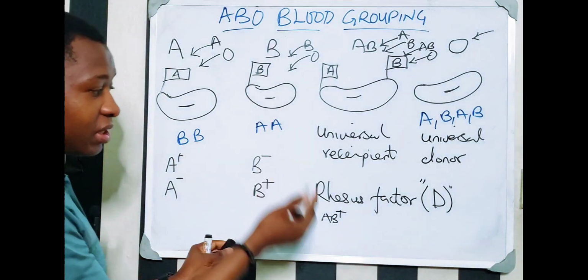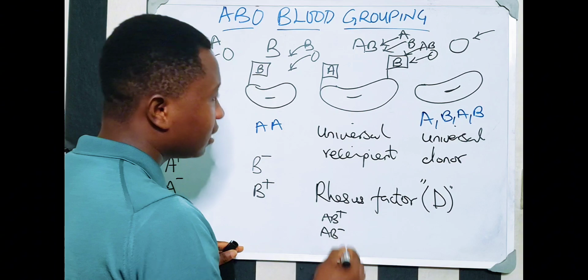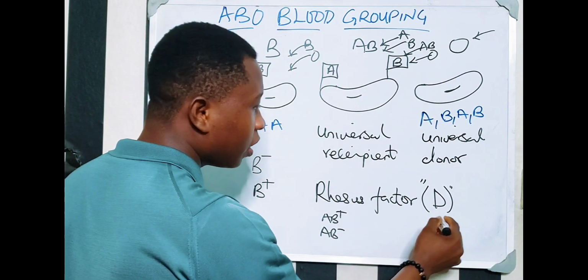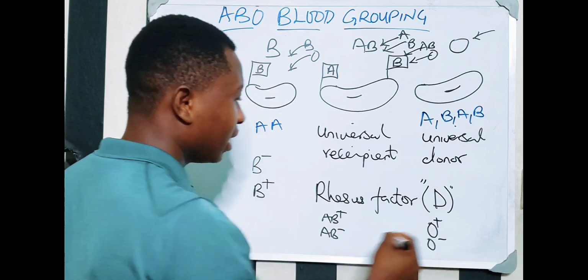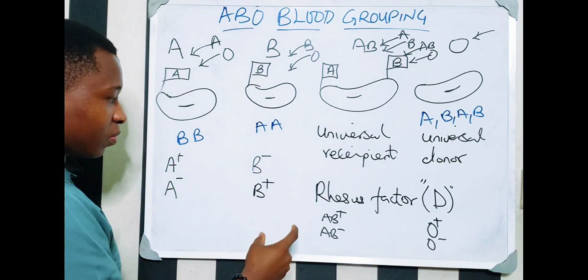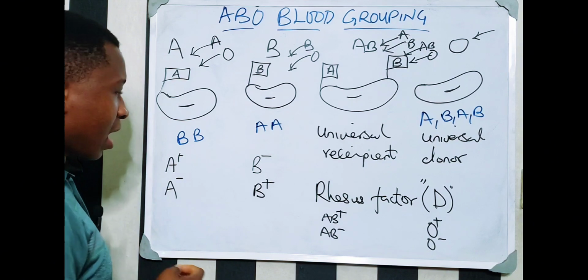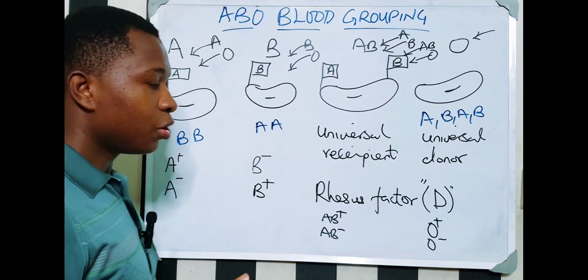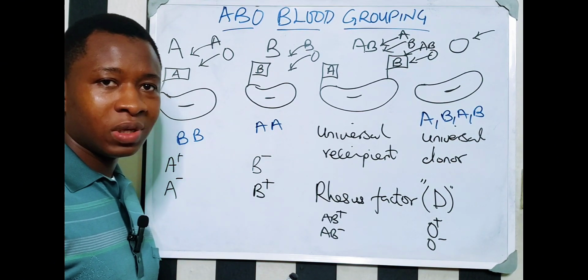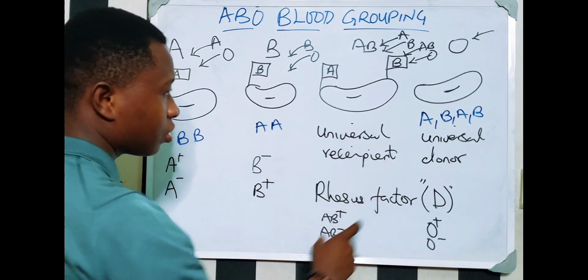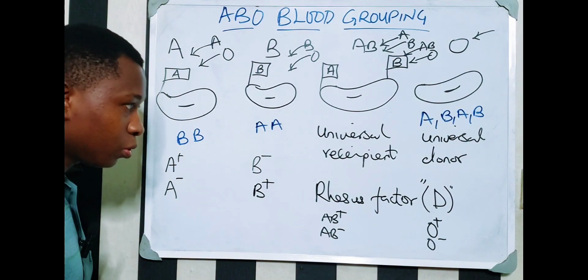If it's not present, it will be AB negative. The same way with O. If it's present, it will be O positive. If it's not present, it will be O negative. So these are the Rhesus factor. So typically we have about 8 unique blood groups, depending on the Rhesus factor. Okay, so that is that.